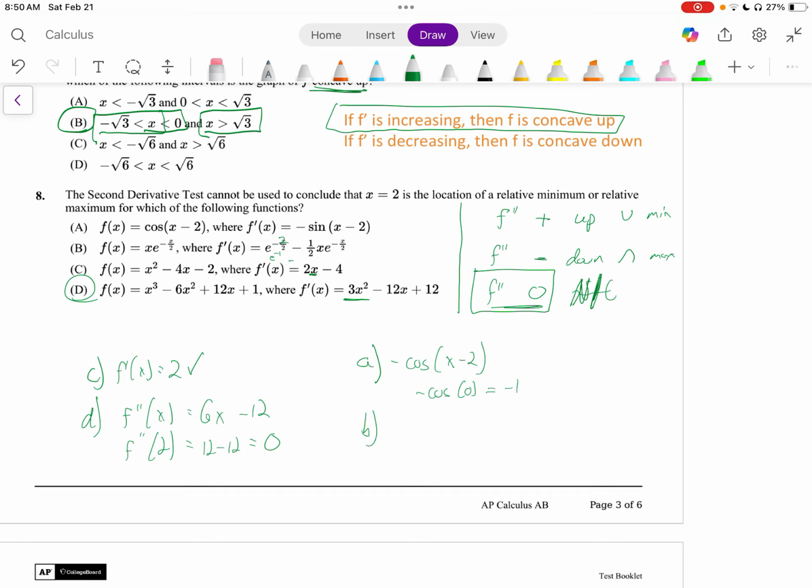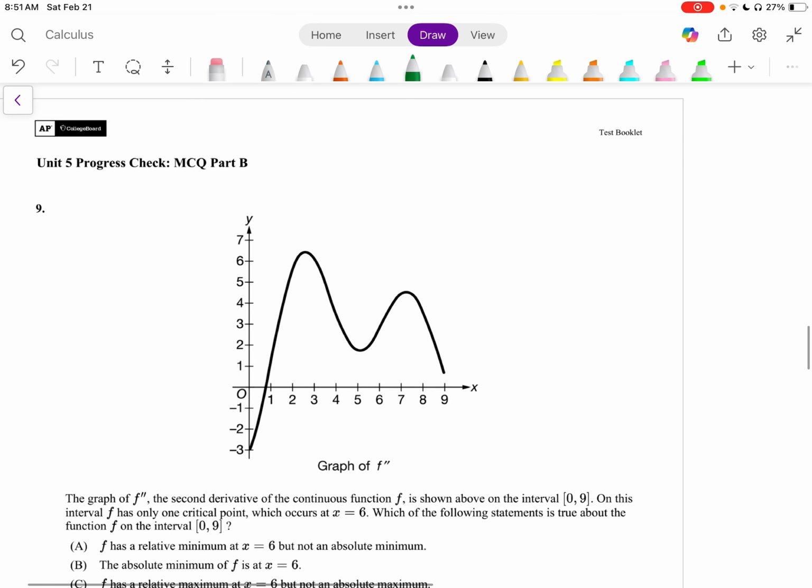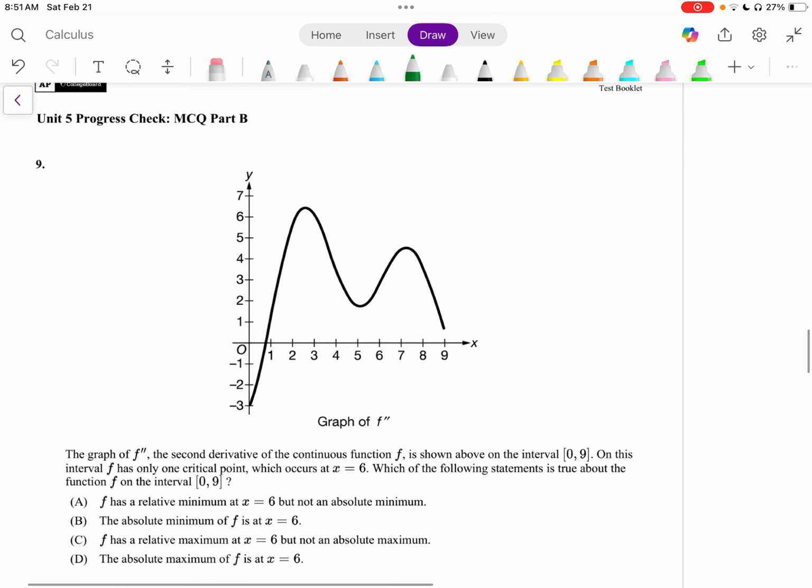B, we could find the first derivative. That's the one I would have avoided as much as I could. If I would have found that A, C, and D all work, I would have just assumed B doesn't work. So sometimes you can, which we didn't have to here, we found that D doesn't, the second derivative is 0.